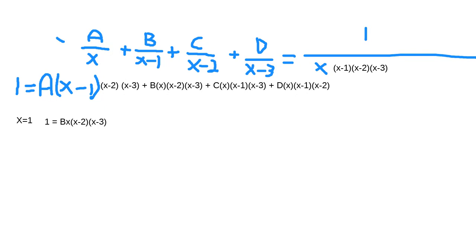Then we can do when x equals 2. Well, I plug in 1 for b because you're also plugging it in for every other variable, and when you plug it in for b it doesn't cancel out. Interesting. Okay.